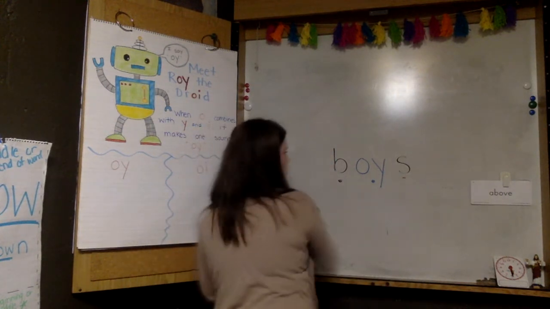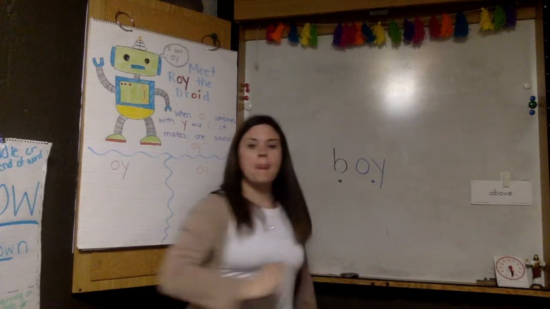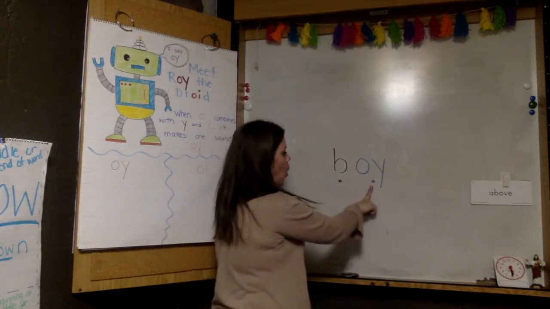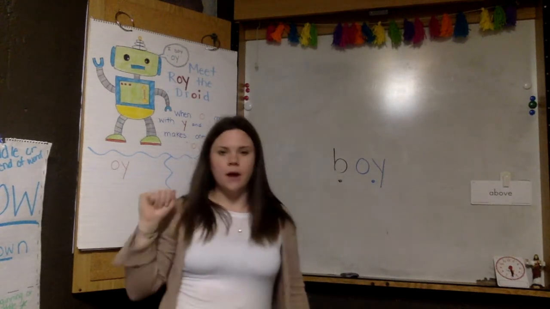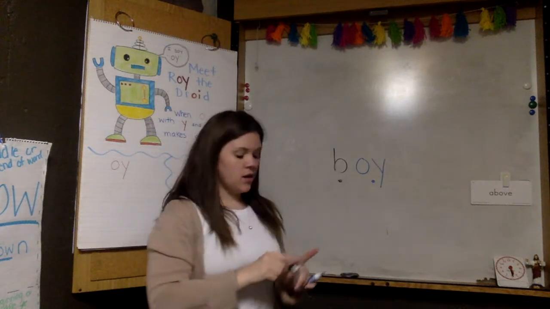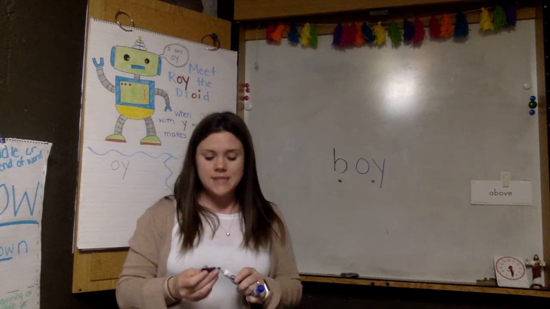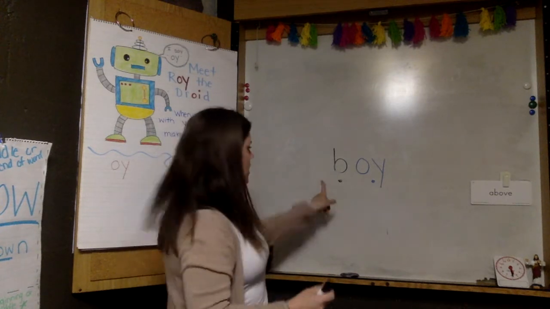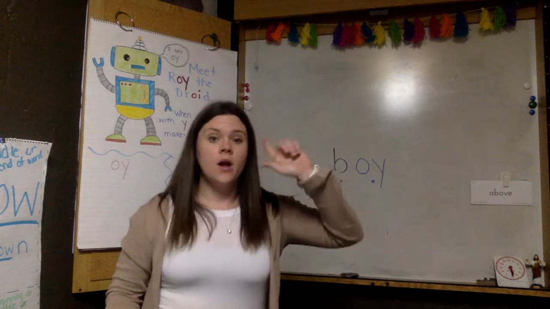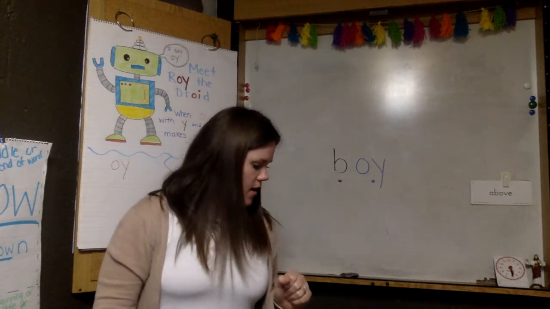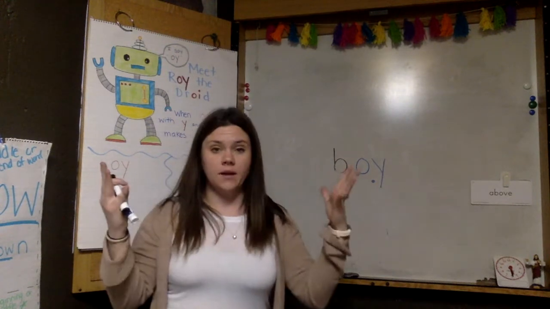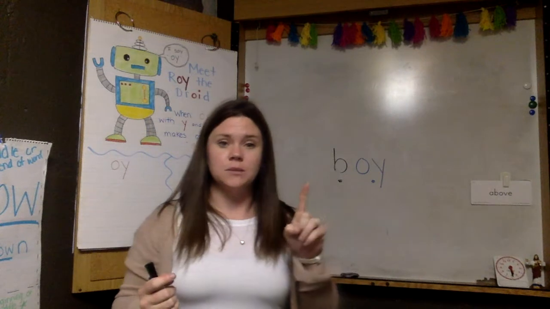If I wanted to talk about one of you, I would say boy, b-oi, boy. Now, O-Y you will usually hear at the end of a one-syllable word, just like boy, toy, joy. The end of a one-syllable word.